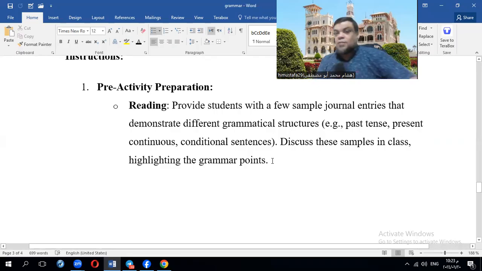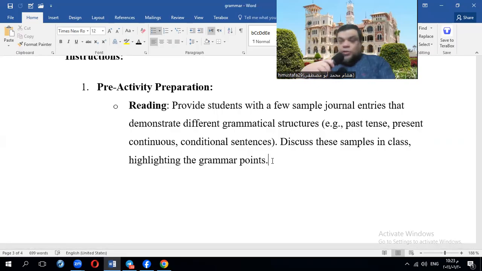So I ask them, give me examples from this sample journal entry. Give me sentences that have past tense, present continuous, conditional sentences. Discuss these samples in class, and ask your students to explain the meaning of these grammatical structures in this reading, how they are used in this reading.